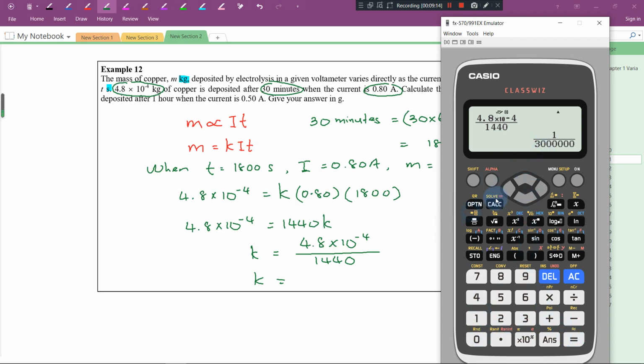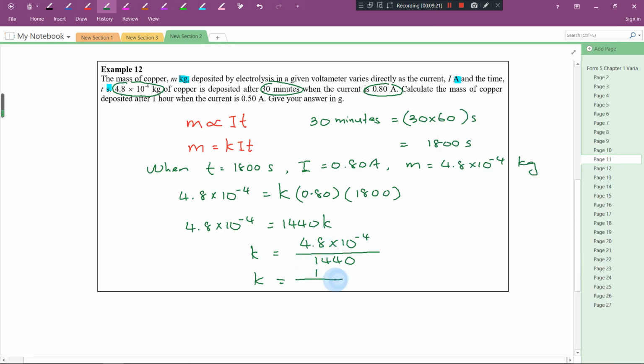Okay, so for this answer, we have 6 zeros over here, right? 1, 2, 3, 4, 5, 6. Okay, so this is the value of K. Let me double check again. Okay, correct.